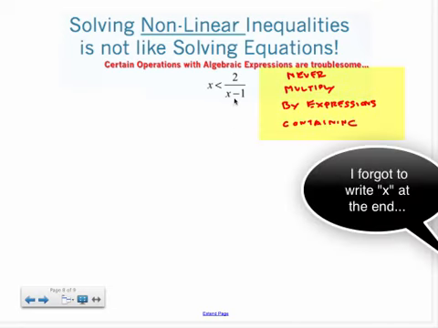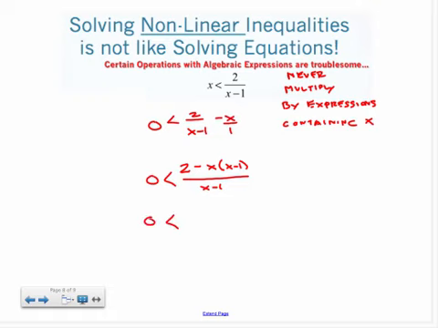Now, let's clean this up and then we'll be ready to do some analysis here. All right, what have I got here? I've got 2 minus x squared, beware of the secret agent, plus x over x minus 1. I don't like the fact that this is a negative x squared.